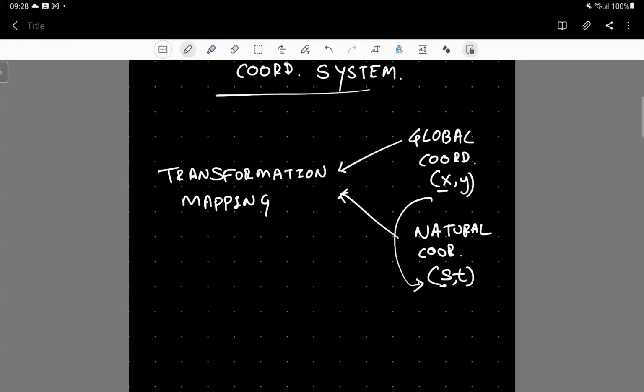So by moving from one domain to the other, you get certain advantages. That is the reason you move from the time domain to the frequency domain to solve different problems.